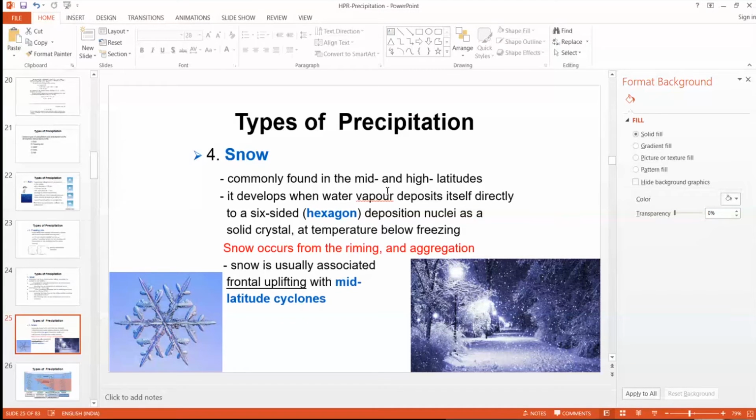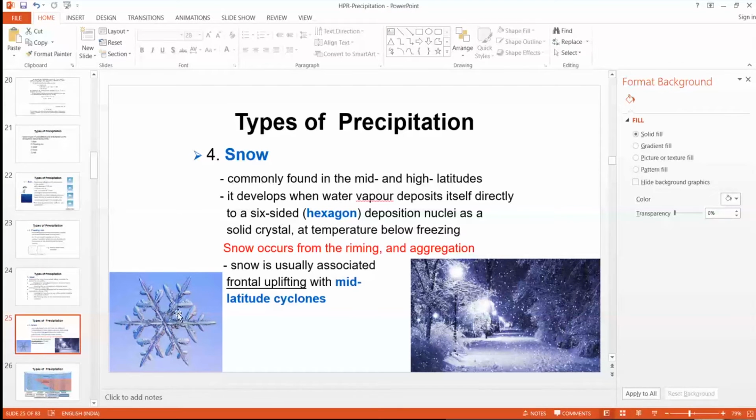So, for example, Canada and the upper regions of the United States, where the snowfall occurs, because when the clouds condense, the water vapor becomes snow.